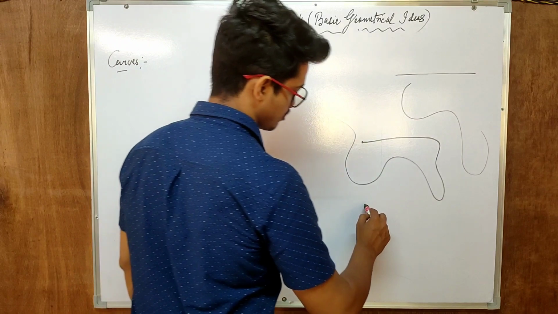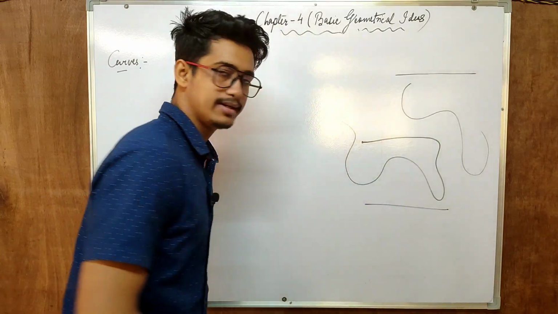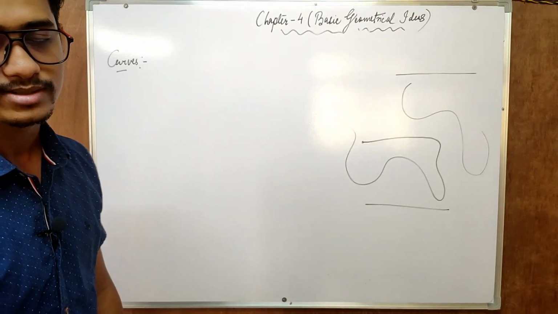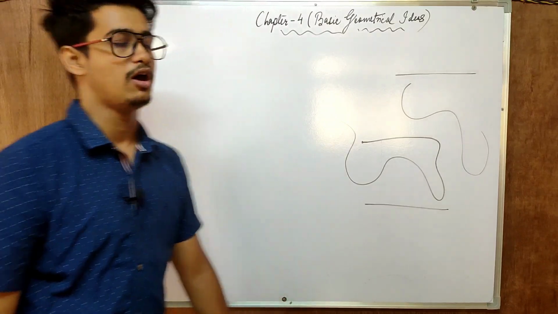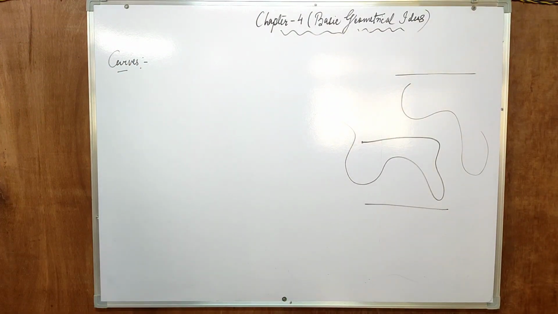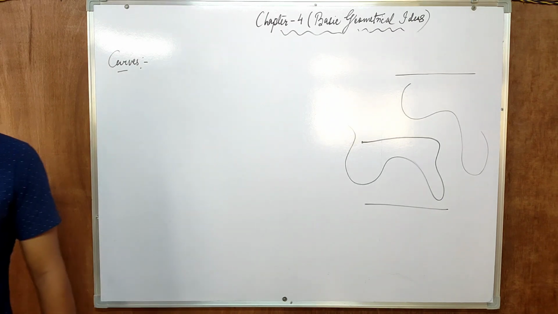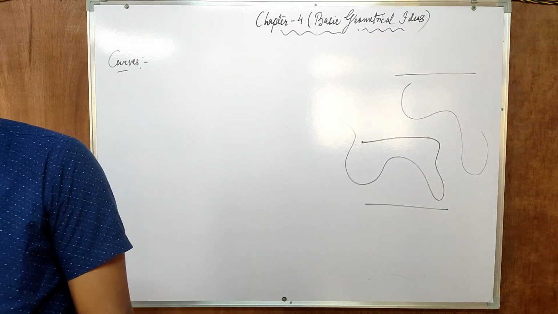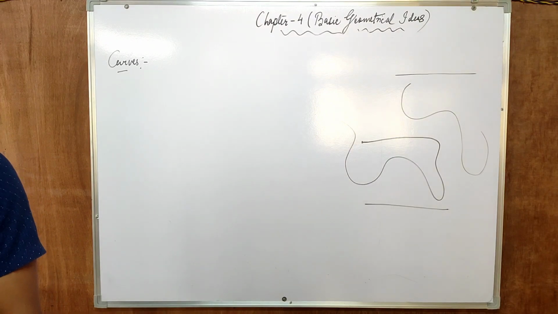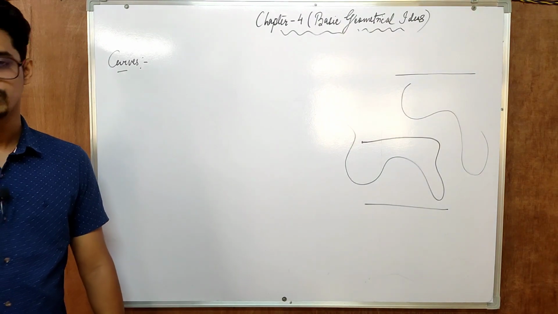So I can make a straight line also, and that is also a curve, because it satisfies the definition of curve. What exactly is the definition? The figure obtained by moving the sharp tip of a pencil aimlessly on a paper from one point to another is known as a curve.